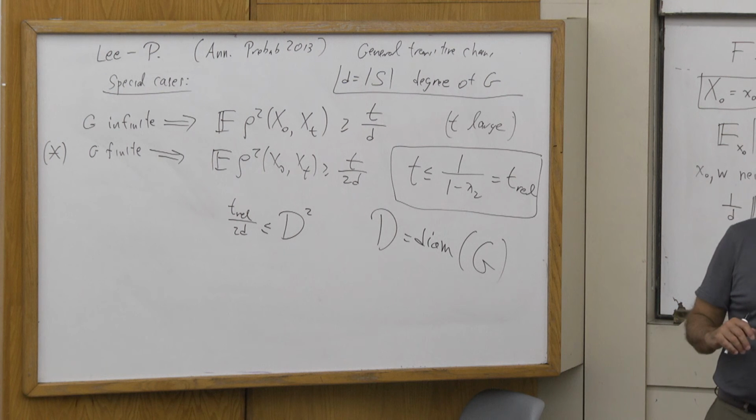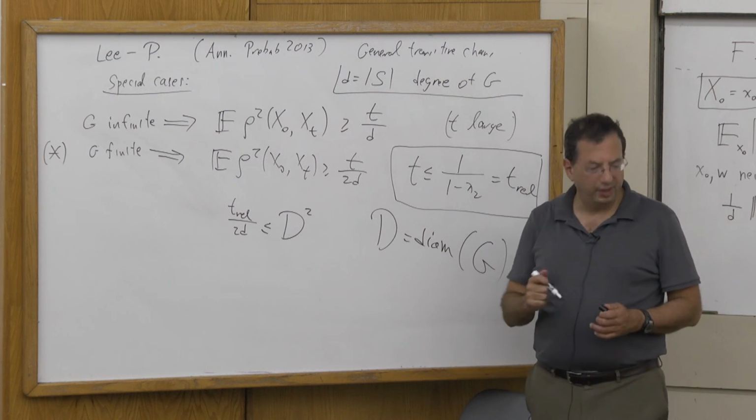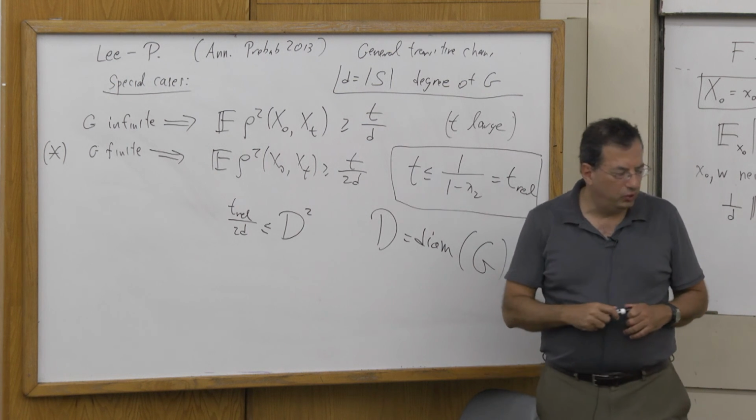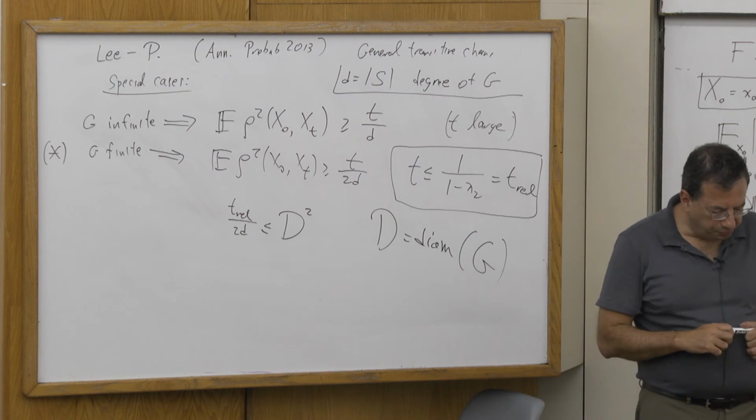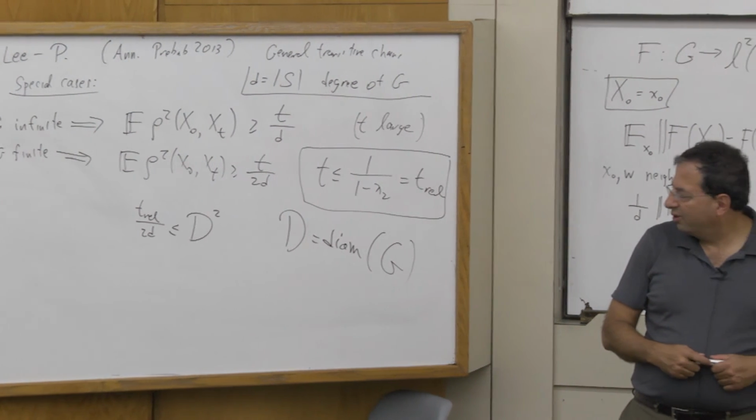I think the first one is due to Babai in 91. He didn't prove this general estimate, but this kind of estimate. And there are other proofs using the method of canonical flows initiated by Jerrum and Sinclair and refined by Diaconis, Stroock and others.